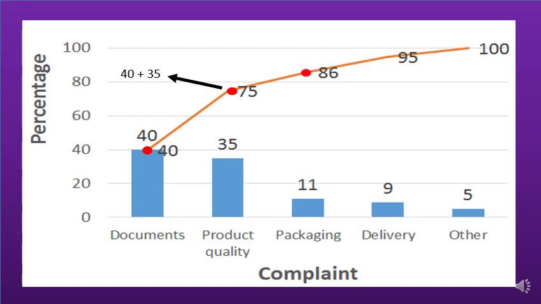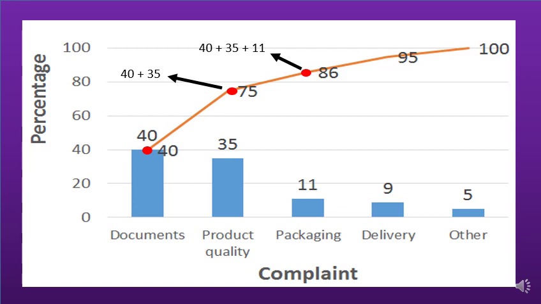Our next dot, in line with our third bar, okay, and on the y-axis in line with 86, that would calculate, you've got your 40, your 35, and your 11. This would be, in total, 86% of complaints are due to the first three categories. So due to documents, product quality, and packaging.